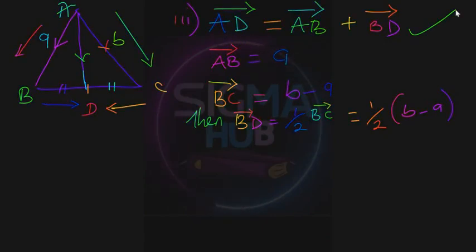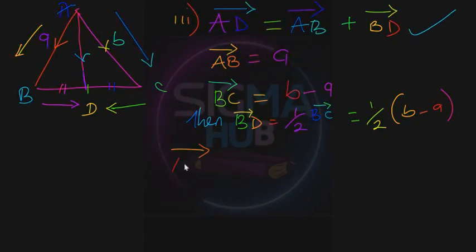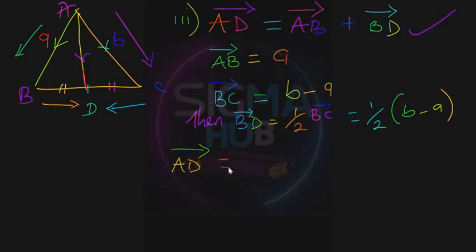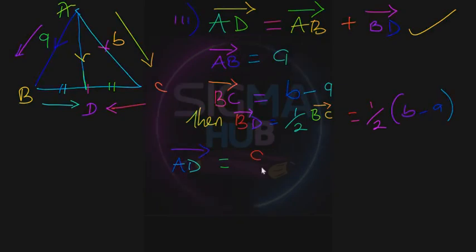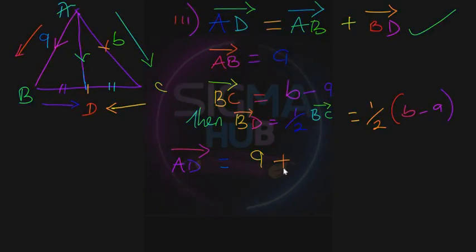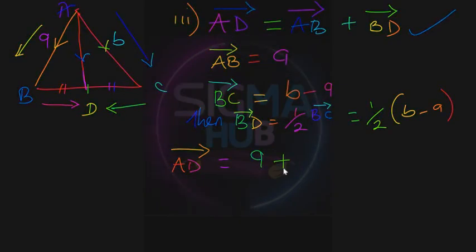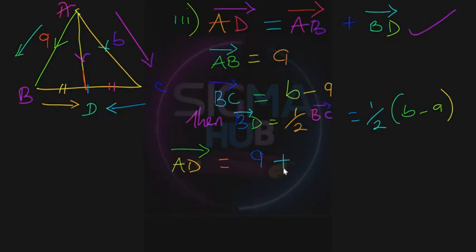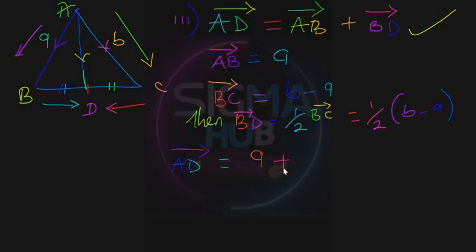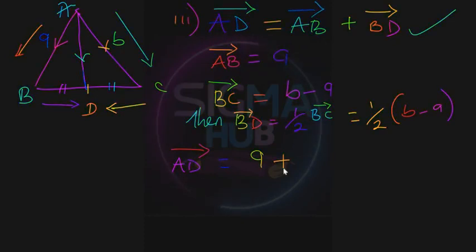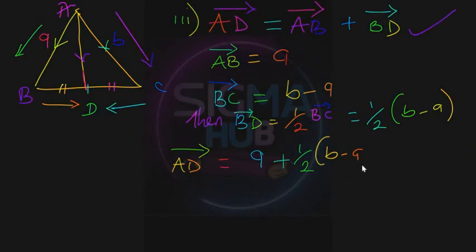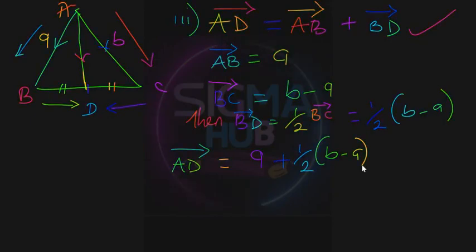So we have AD equal to AB, and AB is A, plus BD, and our BD is half into bracket B minus A. So let's quickly expand this.